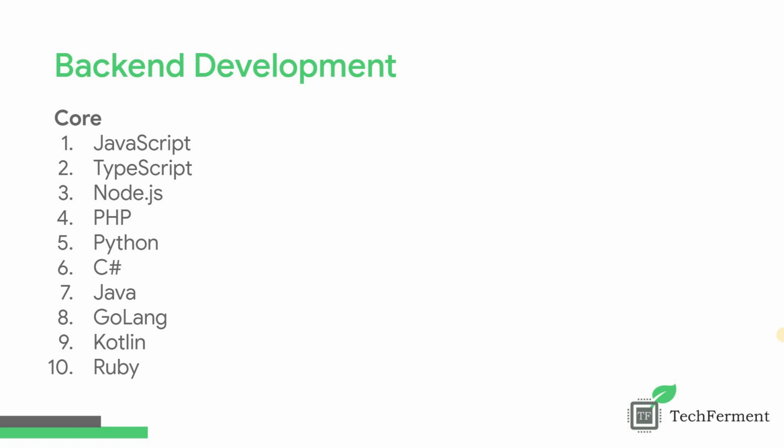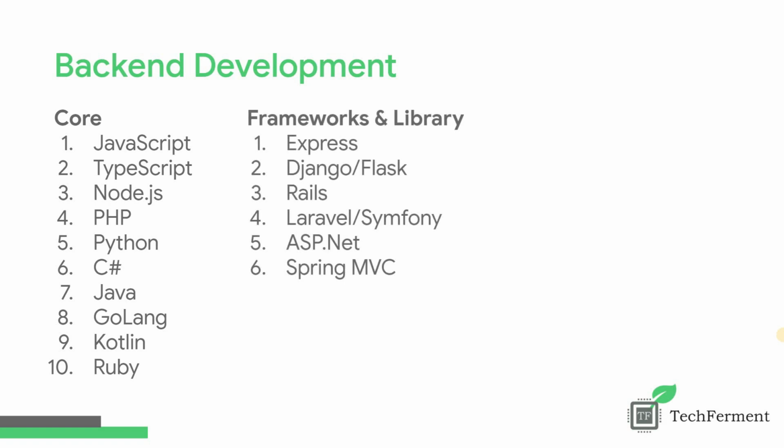You can go for PHP, if you have experience with PHP, or you can create a backend application with the help of Python, C Sharp, Java, and Go. Go is a very dynamic language that you can use for creating highly scalable web applications and business logic. There are also Kotlin and Ruby.